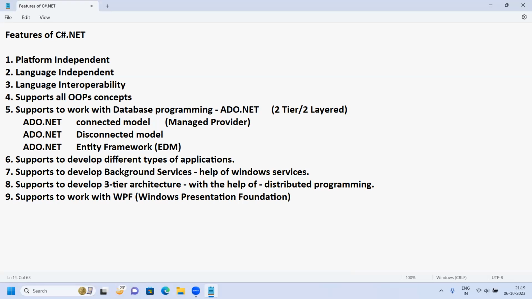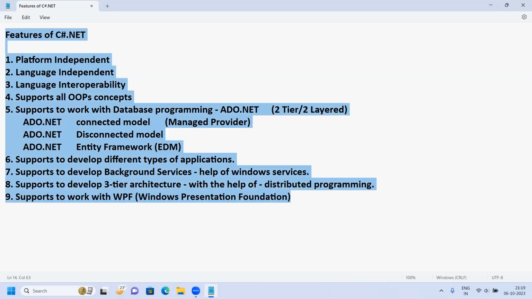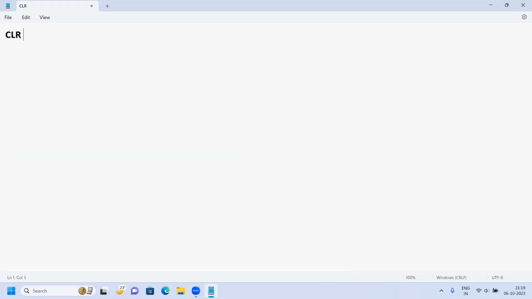Okay. Now next, something important we are going to learn is about CLR, Common Language Runtime. Yesterday I already said what CLR is. But I also said you now have multiple CLRs: Windows CLR, Mono CLR, Compact CLR.